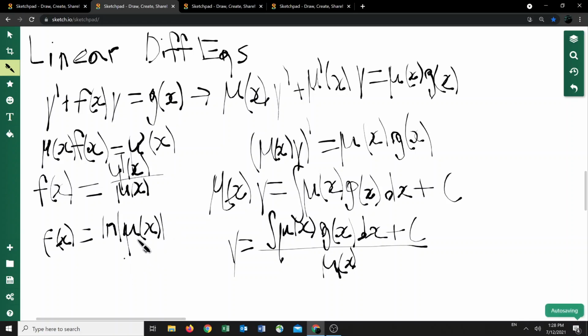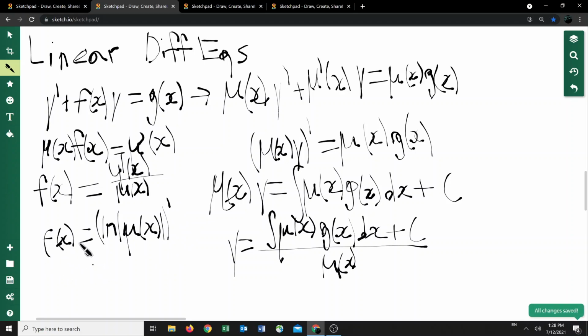Okay, because if we differentiate this, we're just going to get 1 over mu of x, right? But then by chain rule, it's mu prime of x as well. Oh, I forgot the prime symbol.